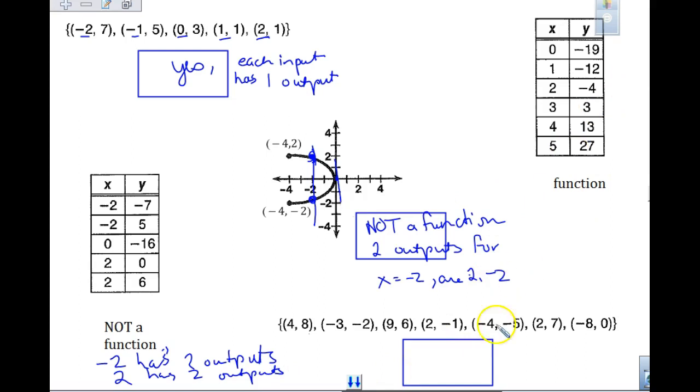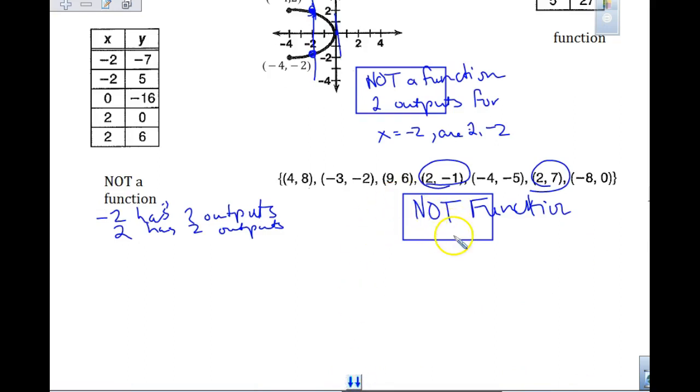So Olivia, if we are looking at that next one, is it a function? Not a function. Because, right, what one? Positive 2 has 2 numbers. So I have 2, 7, and I also have 2, -1. So we're always looking at the x value to help us try and decide. Nice job on that.